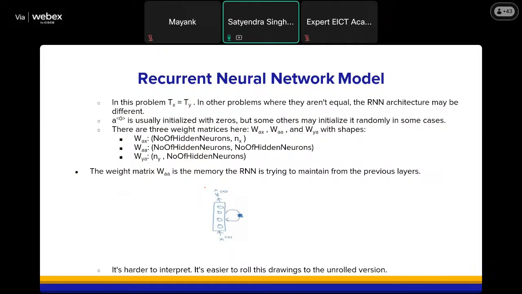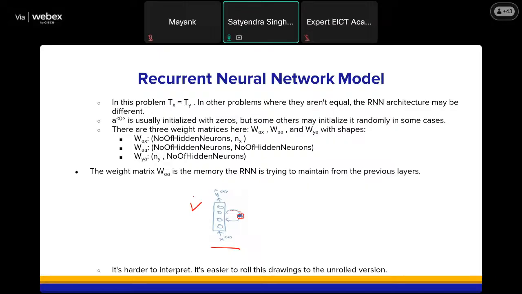A compact representation of that architecture is also represented something like this, where you have this loop sign, which represents the recurrent notion of the inputs.